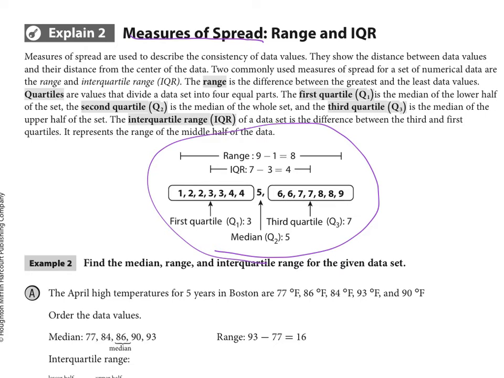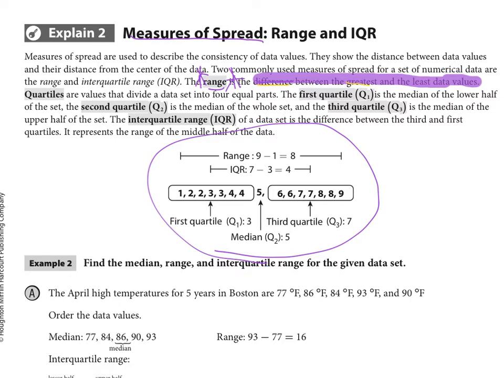So our first definition, let's get range down. That's right here. And a range is the difference between the greatest and the least data values. A couple keynotes. We want difference here.